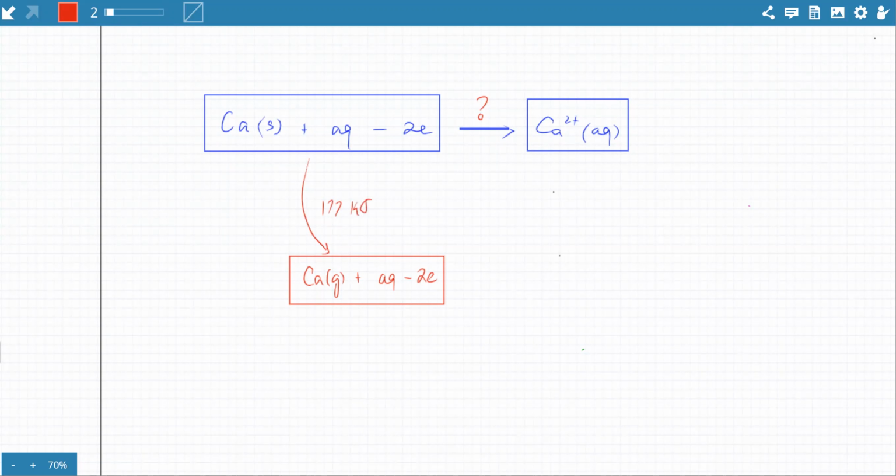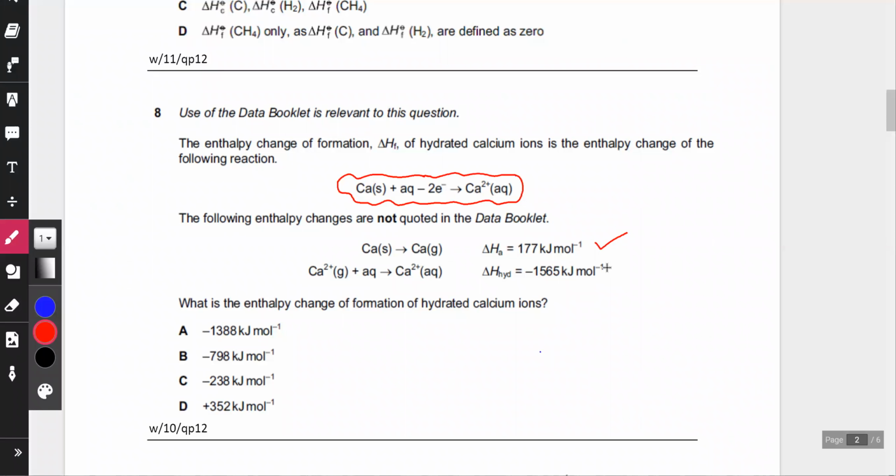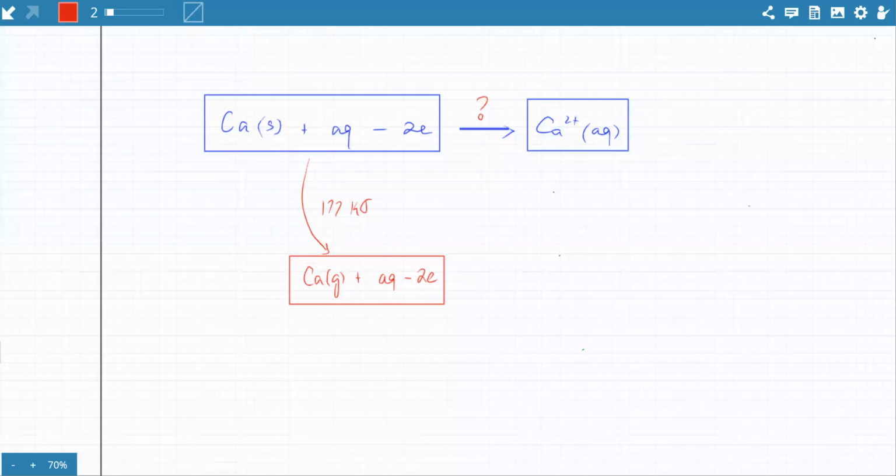Then you were given another reaction, the second reaction, in which calcium 2 plus aqueous was getting formed from calcium 2 plus gaseous ions. So you had calcium 2 plus aqueous over here, and in the equation it was getting formed from calcium 2 plus gas plus aqueous.